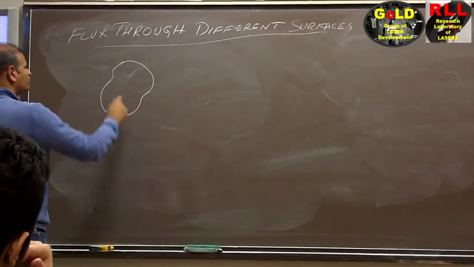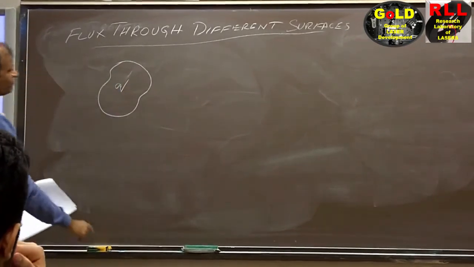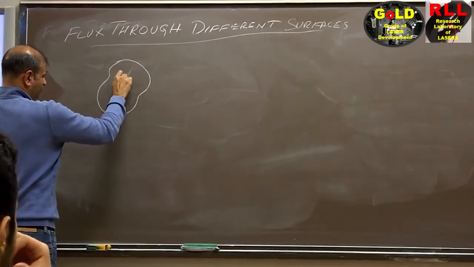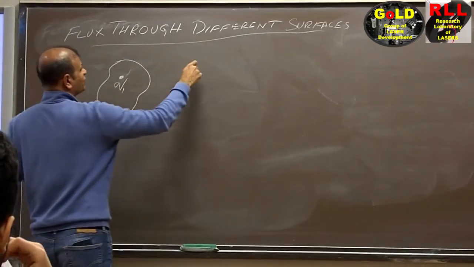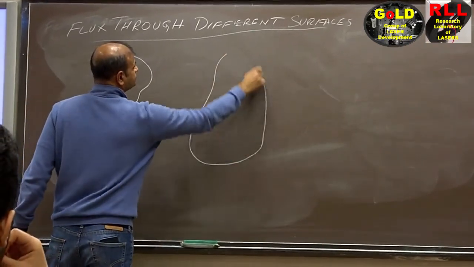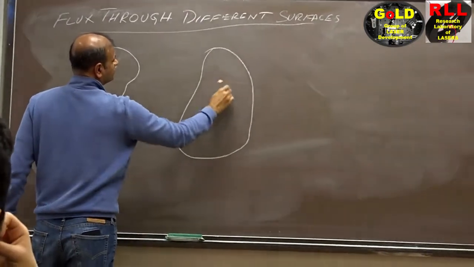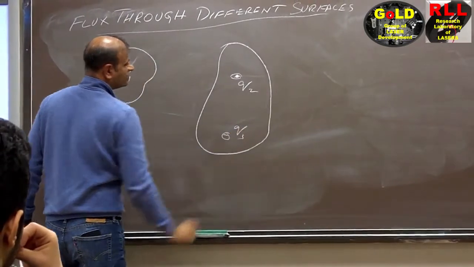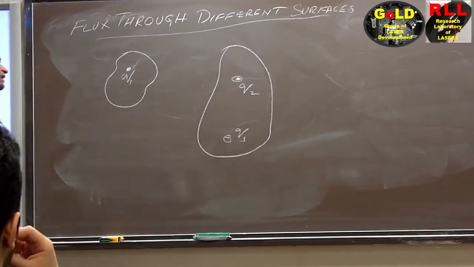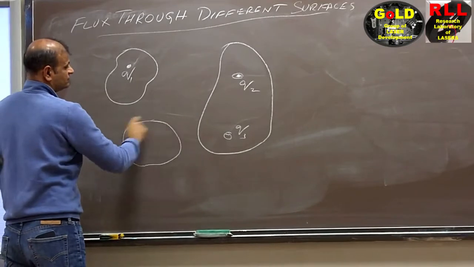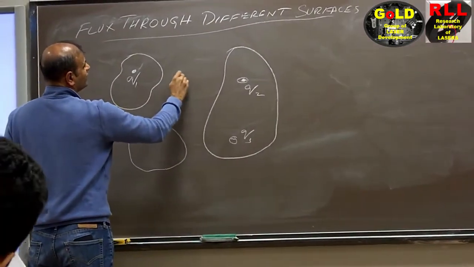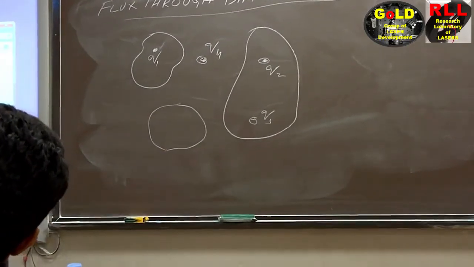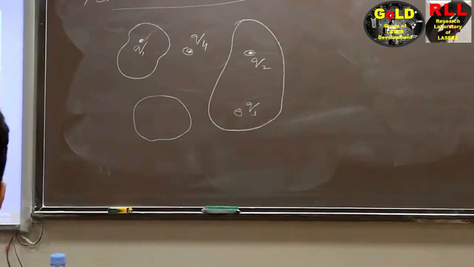There is a charge inside, we call it Q1. There is another surface, it has two charges, Q2 and Q3. Another surface has no charge inside but outside. And we want to find out the total flux here.